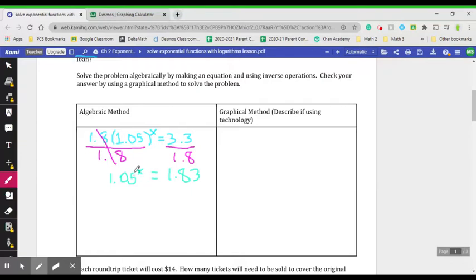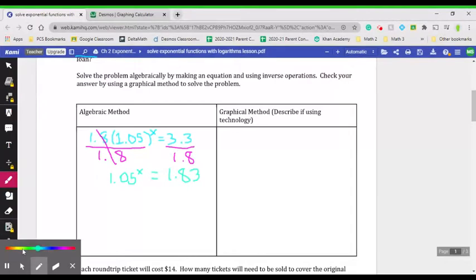So now we have an exponential problem here. One option would be to rearrange this in terms of a logarithm: log base 1.05 of 1.83 would equal x. The problem with that is that it's not using a base of 10. So an alternative, possibly easier method is to take a logarithm of both sides.